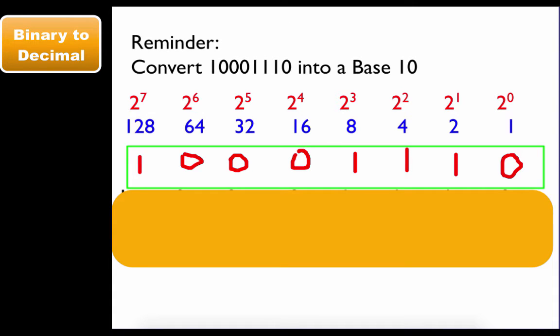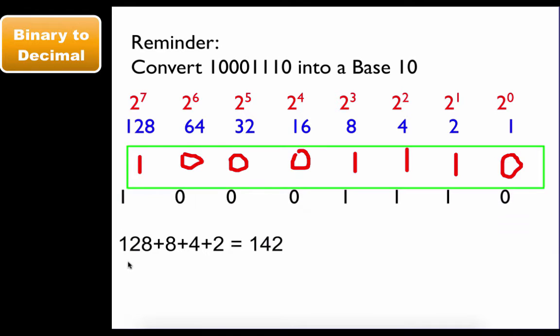So we have 128 plus 8 plus 4 plus 2. And that equals 142. So binary 1000 1110 in decimal is 142.